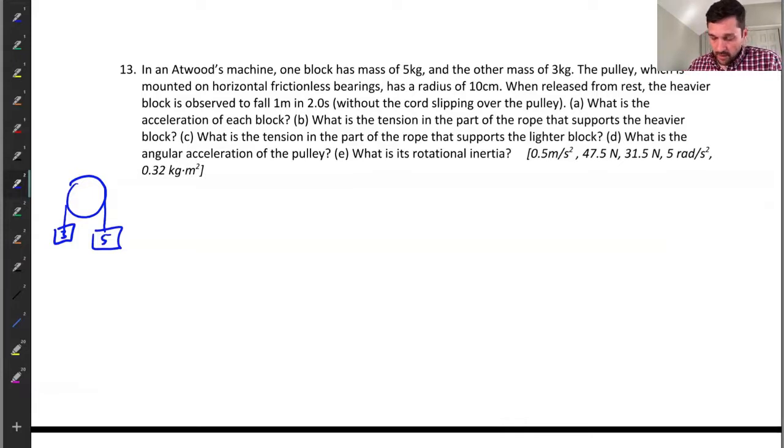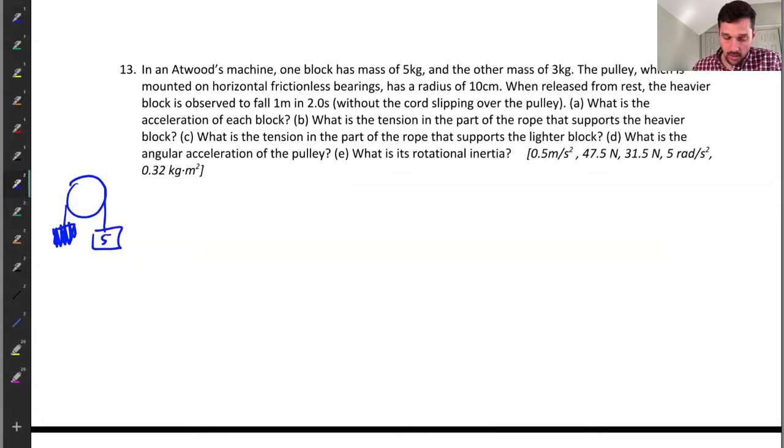In previous versions where the pulley was massless, the acceleration of the system depended only on the masses of the 2 objects. But because the pulley now has mass, the hanging mass can't accelerate with the acceleration due to gravity.